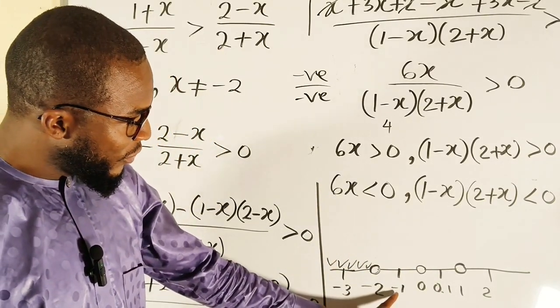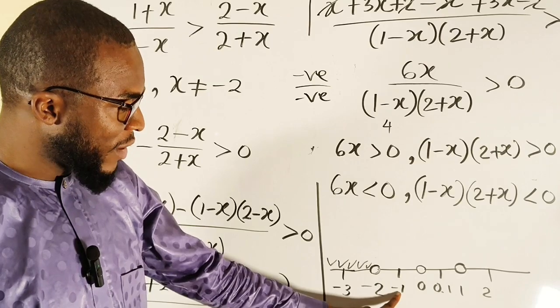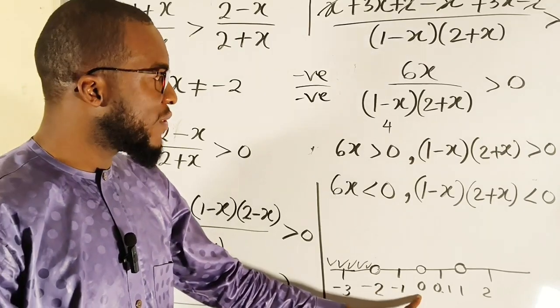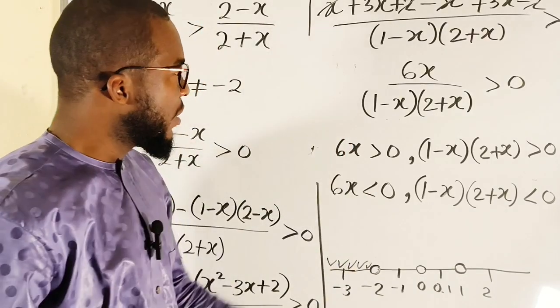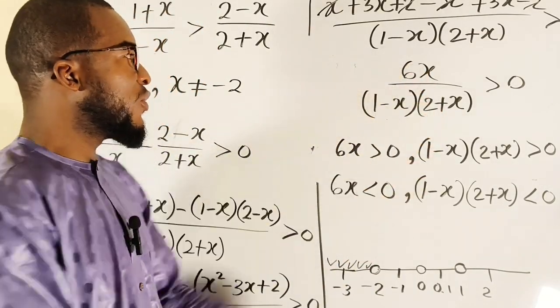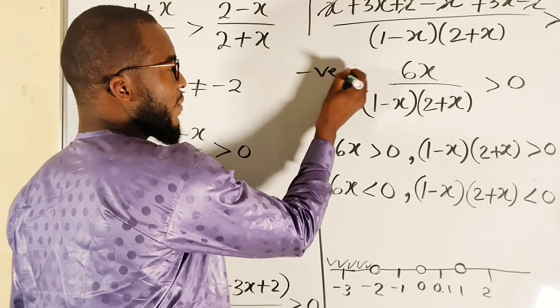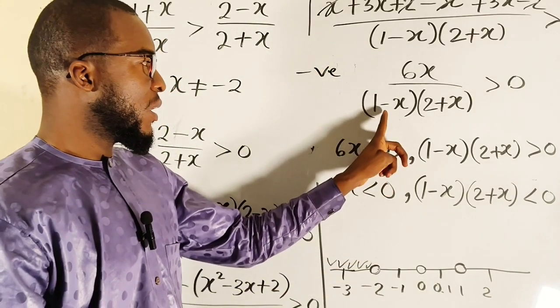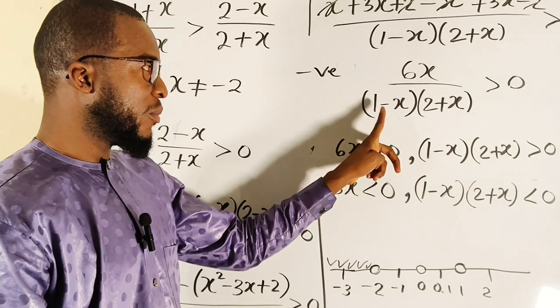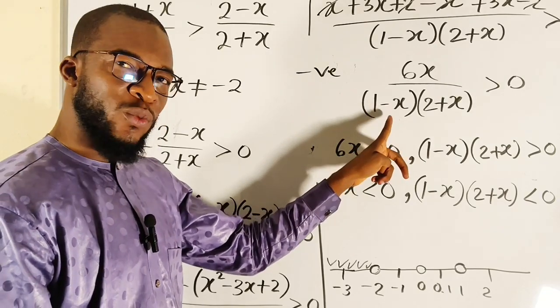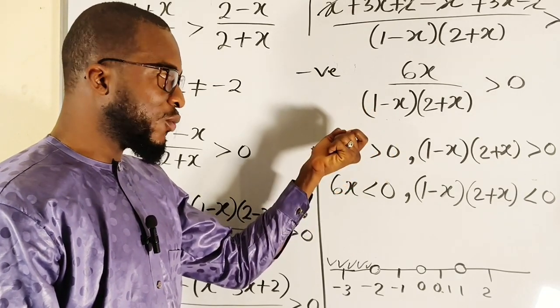Let us move on to negative 1. That is a value in between negative 2 and 0. Plug in negative 1 here. To the top we have negative. To the bottom, this is positive, right? Because 1 minus minus 1 is 1 plus 1, that is 2, positive.